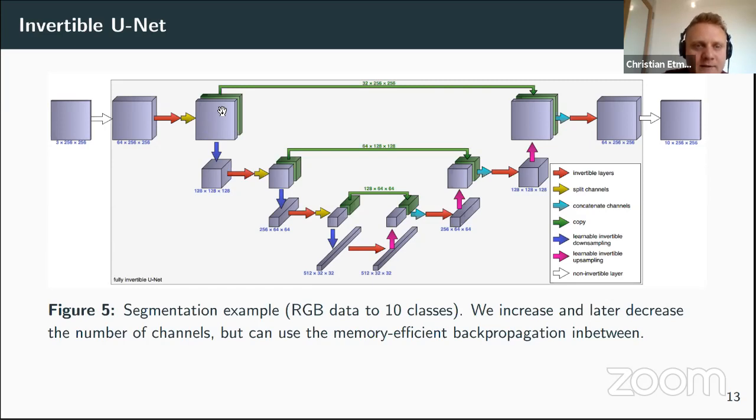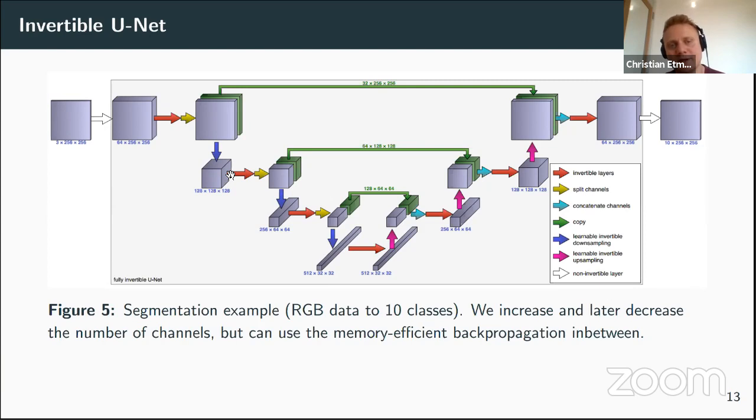And only in this case, half of the channels then get the learnable invertible downsampling operation applied to it, which means that the number of channels for this half gets quadrupled, while all of the spatial dimensions get halved. So we now get a 128 channel image with resolution 128 times 128.